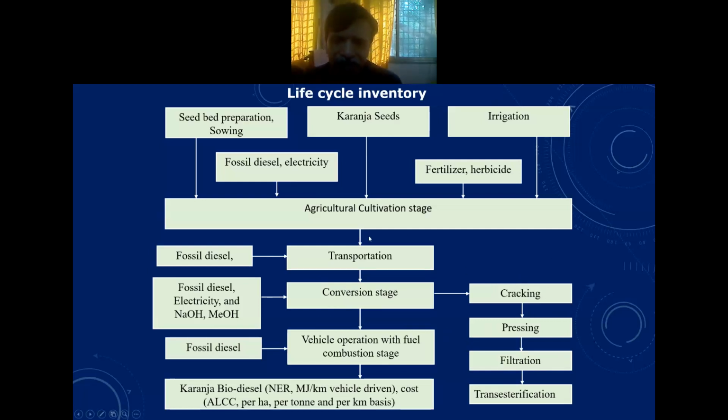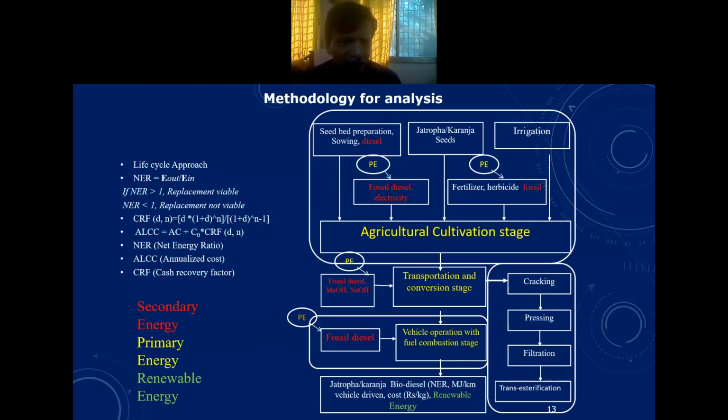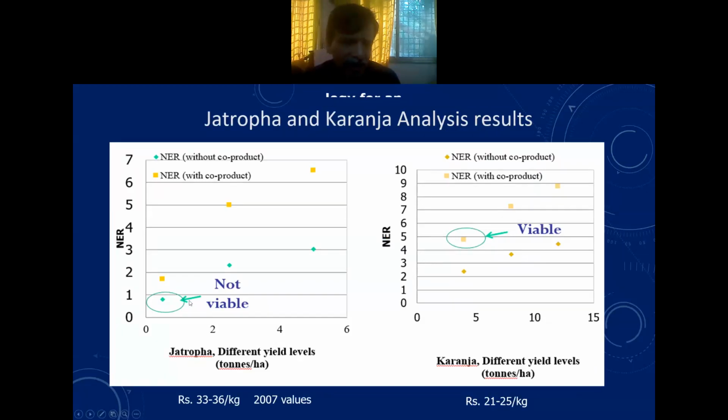Again, there is energy use. So there are situations, for instance with Jatropha, where for some of the places we found that the net energy ratio was less than one. That means we were putting in more energy than the amount that you are getting.